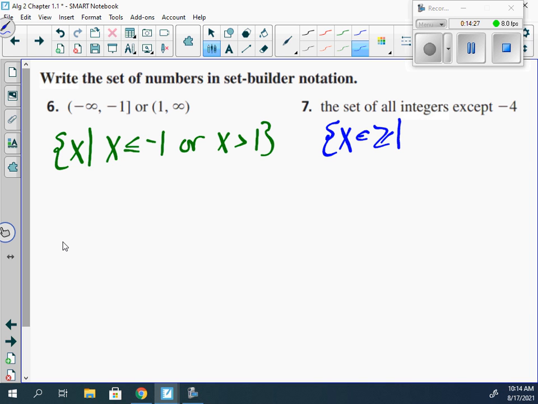Our symbol for integers, because we would use the straight bar if it was real numbers. Since it's integers, we have this. x not equals -4. That's it.